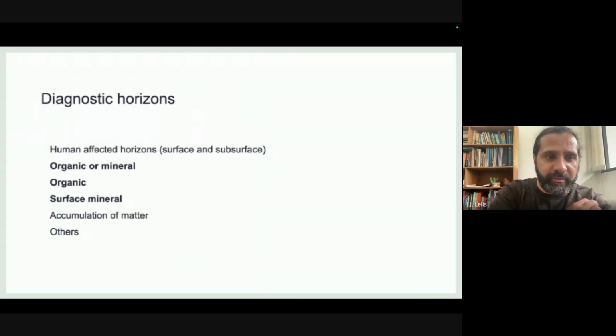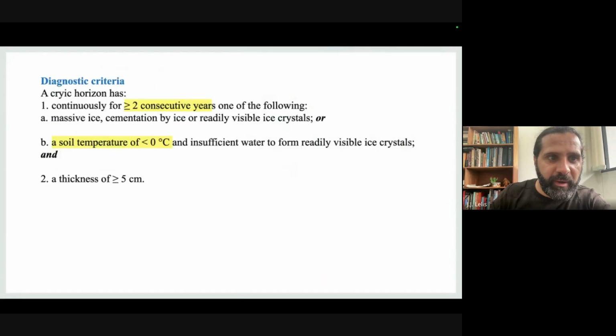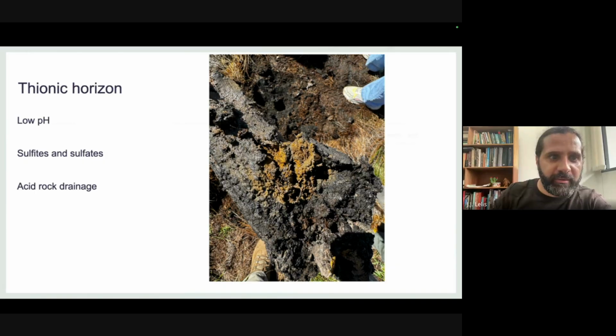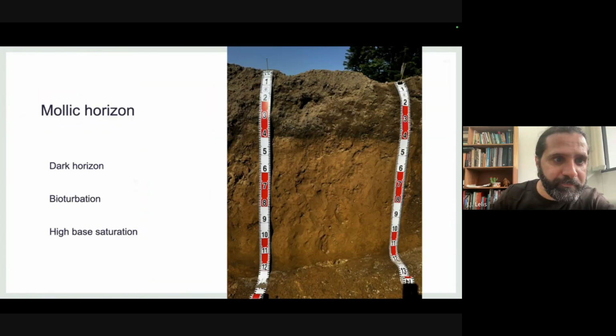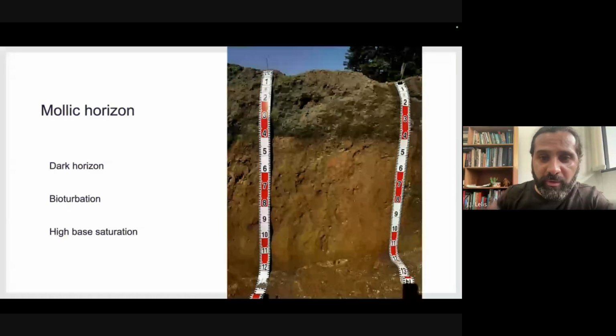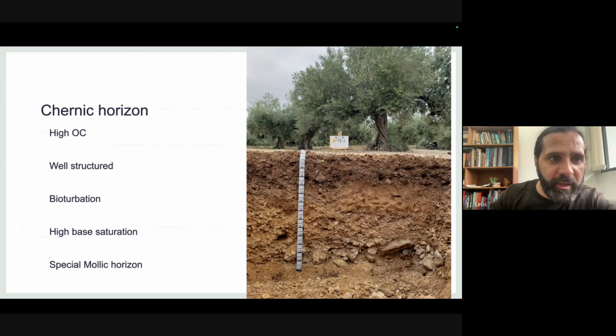The horizons that could be organic or mineral, like these ones, the Calcic, the Cryic, the Gelic, the Thionic. Those are all only organic horizons as the folic and histic horizons. Those that could occur at surface and are only mineral, like the mollic and the chernic.